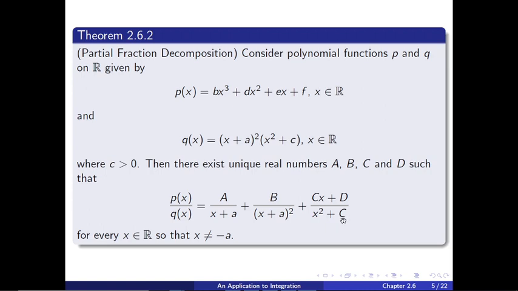This is supposed to be small c, right? And this happens for every x a real number, so that x is not equal to minus a. Obviously, if x is equal to minus a, then we have a problem. We are dividing by a 0, so that would be an issue, right?